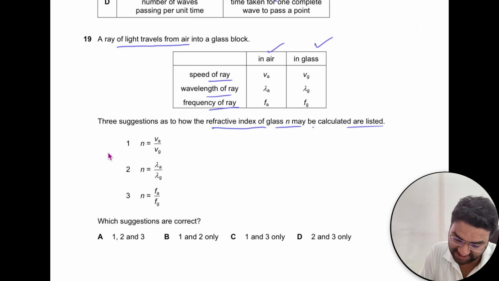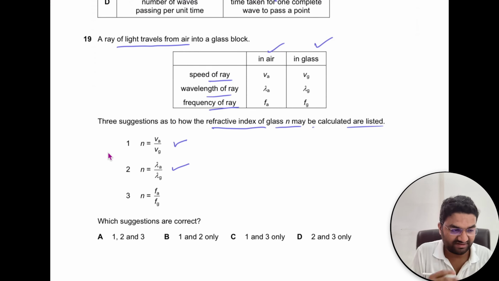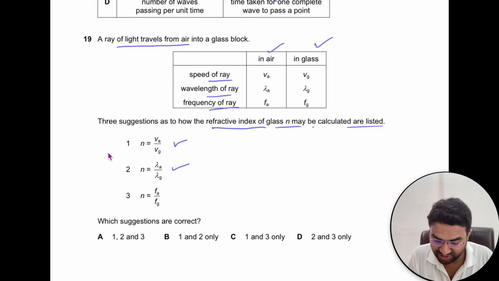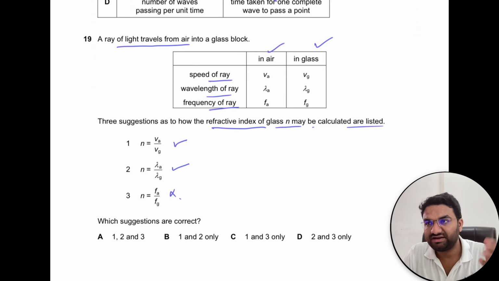So first one here, n refractive index VA upon VG, that's a correct one. Then the second one, n equals lambda A upon lambda G is also correct. And n equals FA upon FG doesn't make sense. This is not correct even.